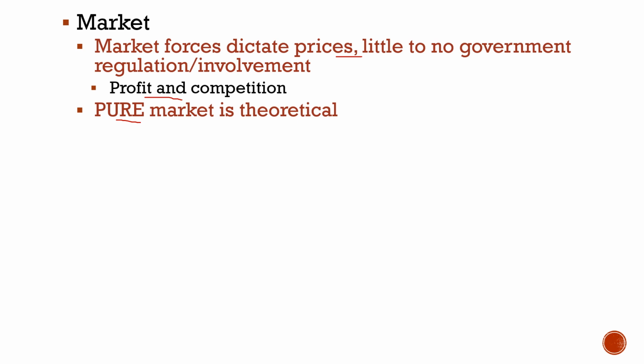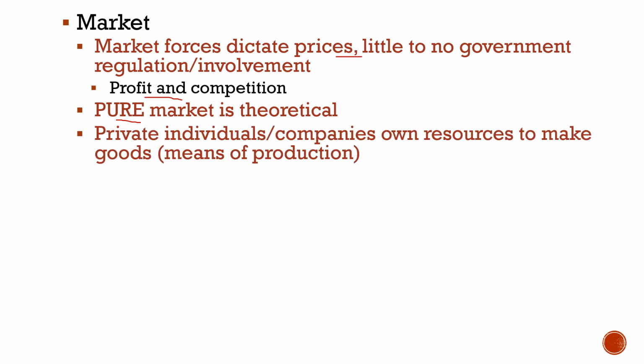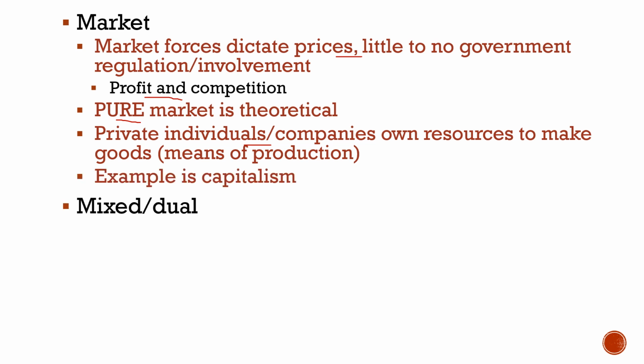Usually you kind of have like a little bit of a mix. We'll talk about it next. Because again, the government, whether directly or indirectly, has some impact on that economy. So a pure market is very theoretical. So private individuals or companies are who is going to own the resources rather than the government that we just had seen in the command. So capitalism is an example of this.